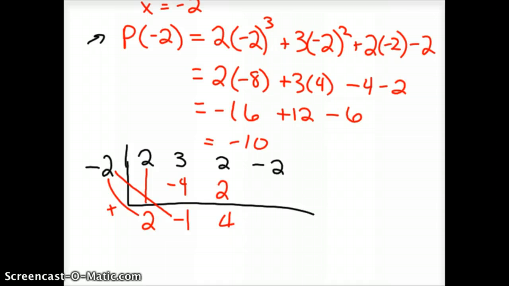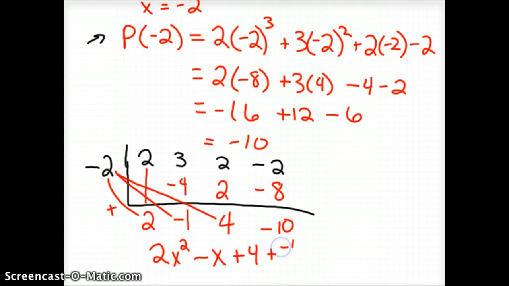Add down, you get 4. Negative 2 times 4 is negative 8. And negative 8 minus 2 is negative 10. And so we know we're always 1 degree less. So our quotient is 2x squared minus x plus 4 plus the remainder of negative 10 over x plus 2. And so we know that the factor theorem works for that one.